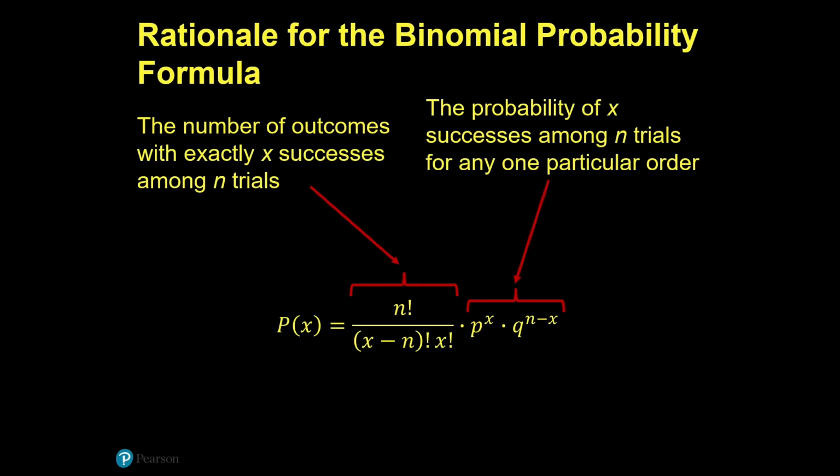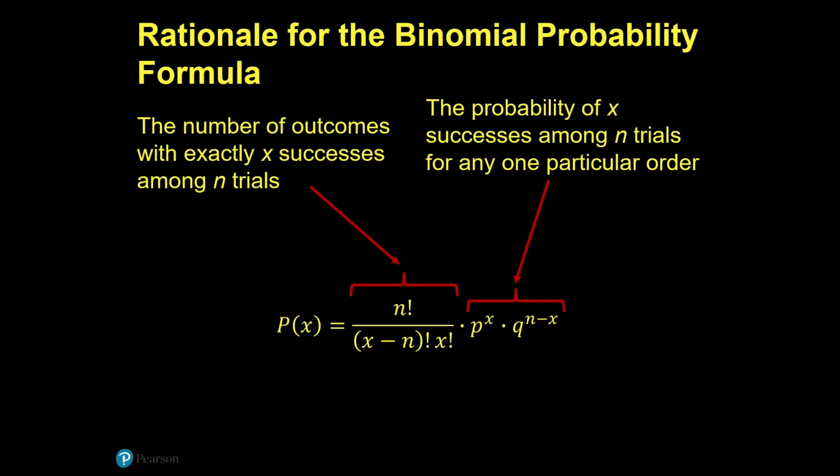So here's the rationale, or the reason why this binomial probability formula that I was just talking about makes sense. Okay, so here, first of all, we see that the probability of x successes is equal to n factorial over (n minus x) factorial times x factorial. As we just said, that's the same as nCx.